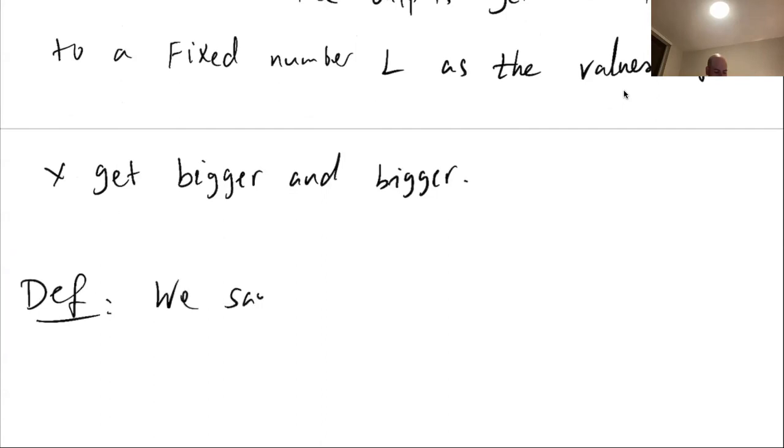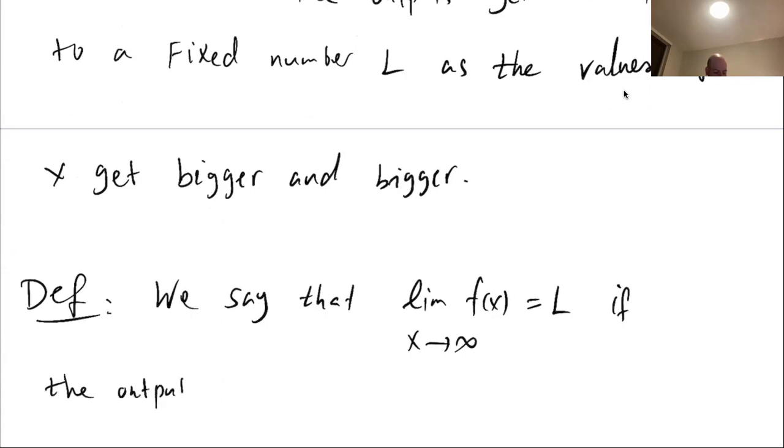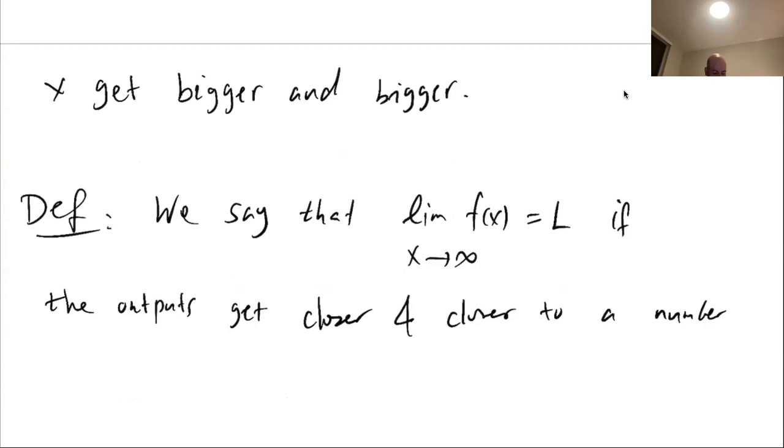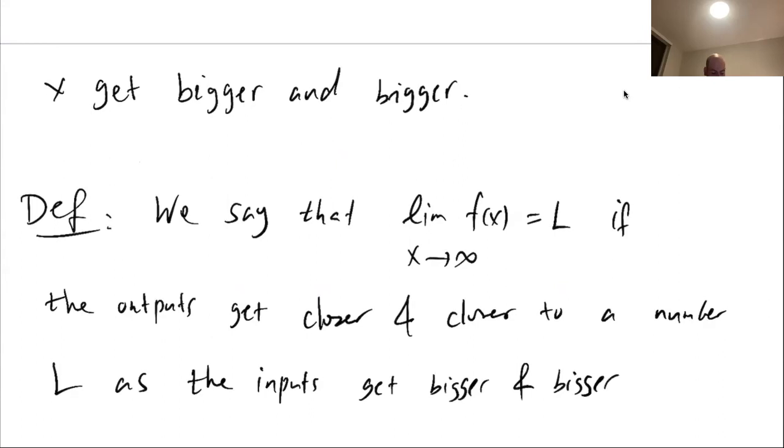we say that the limit of f of x as x approaches infinity equals L if the outputs get closer and closer to a number L as the inputs get bigger and bigger with positive sign.